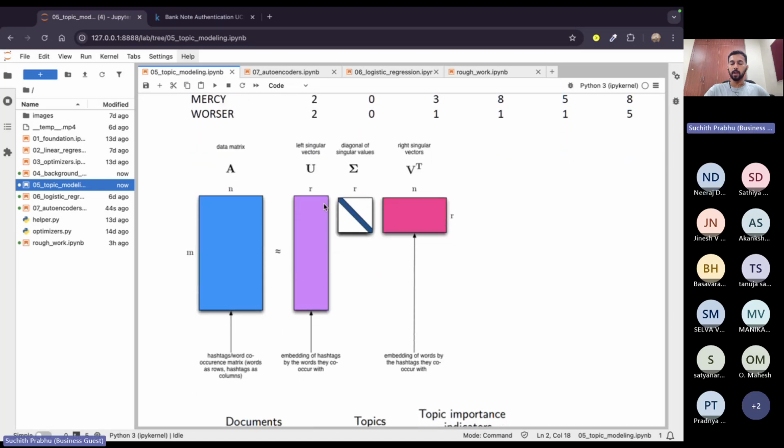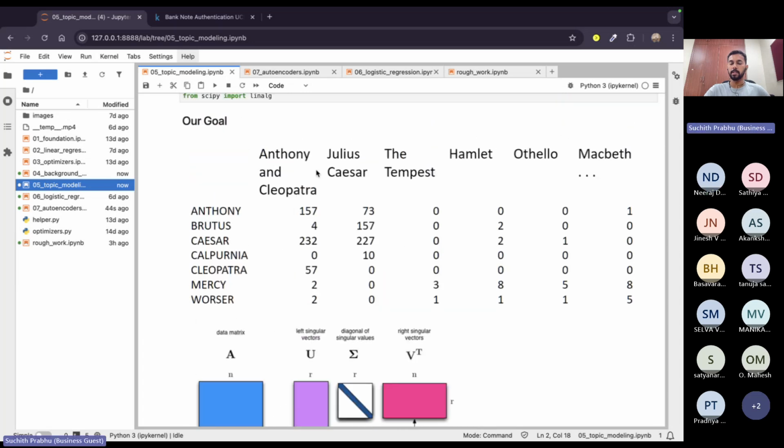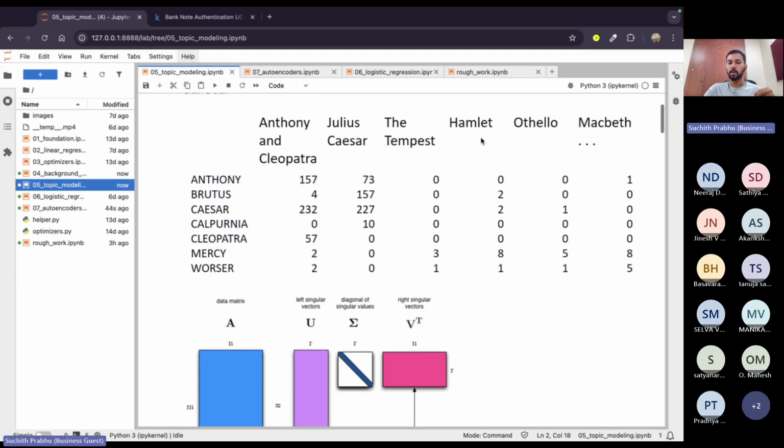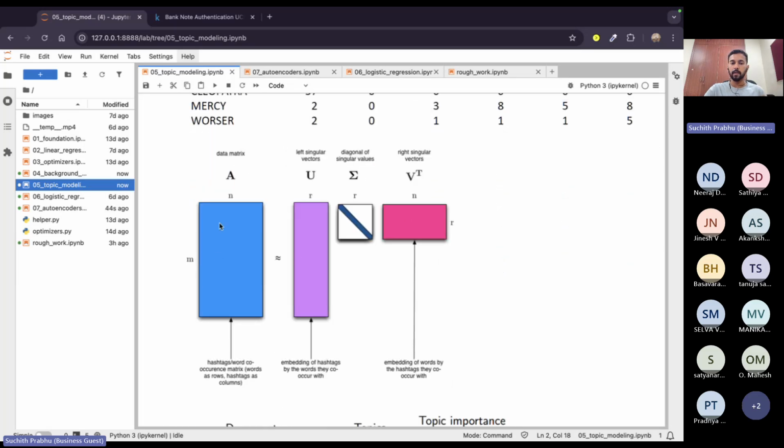Is it clear what we are exactly doing? The information about the topic is present in the words, but it's not explicit because there are a lot of words over here. So instead, what we are doing is baking this matrix into this and only considering top 8 singular values.